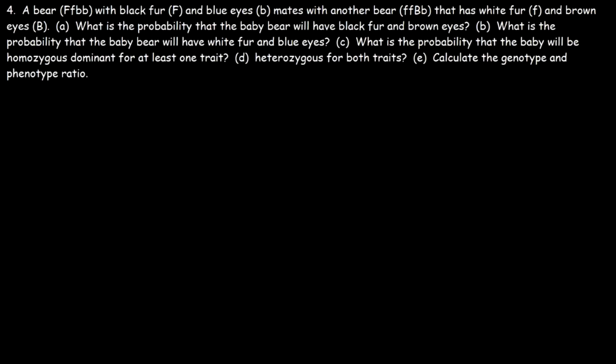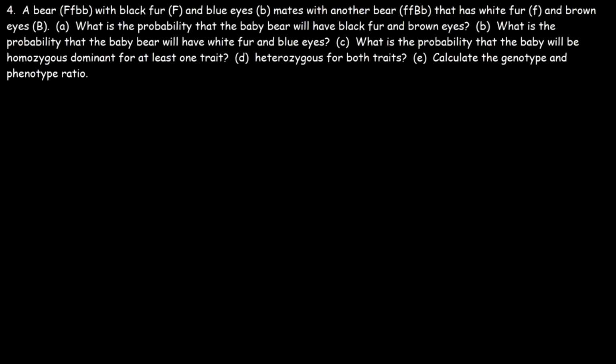Number 4, a bear with black fur and blue eyes mates with another bear that has white fur and brown eyes. What is the probability that the baby bear will have black fur and brown eyes? So in the last 3 example problems, we only dealt with one particular characteristic.